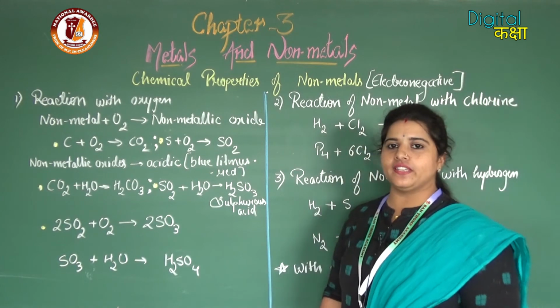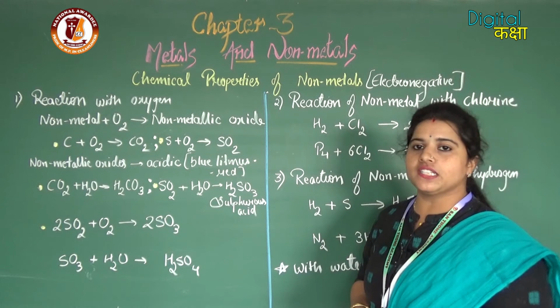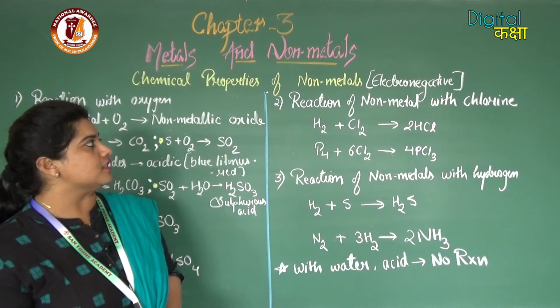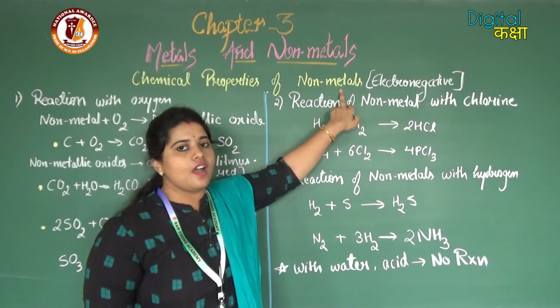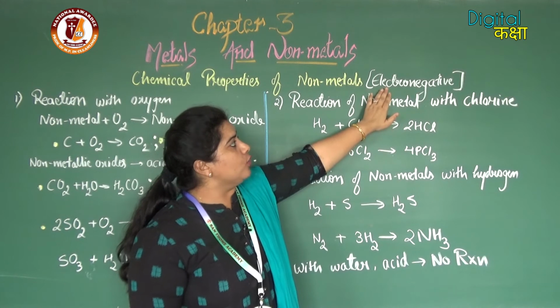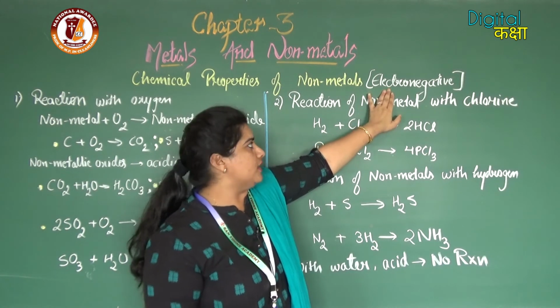Now the next topic is chemical properties of nonmetals. After completing metals, we are coming to nonmetals. Talking about nonmetals, first thing, nonmetals are electronegative. Electronegative means they gain electrons and get a negative charge.